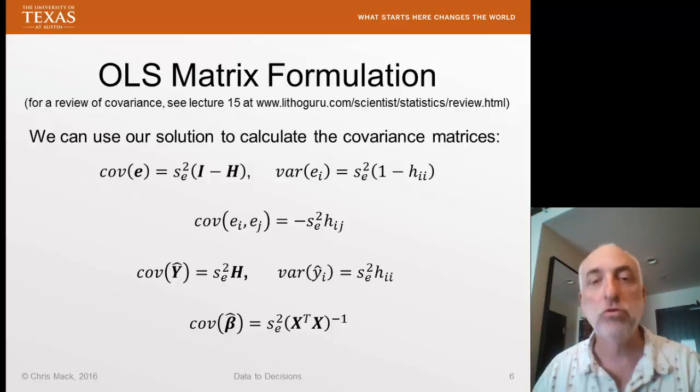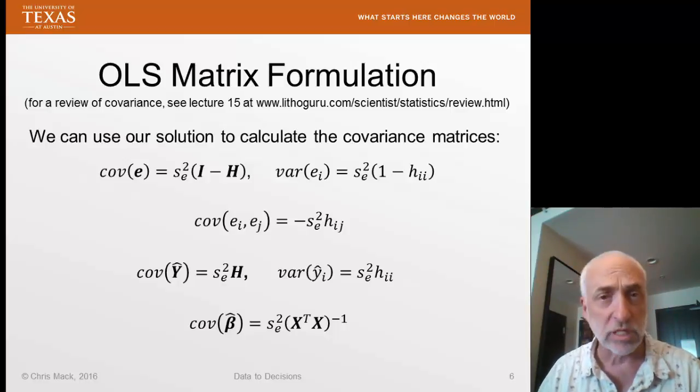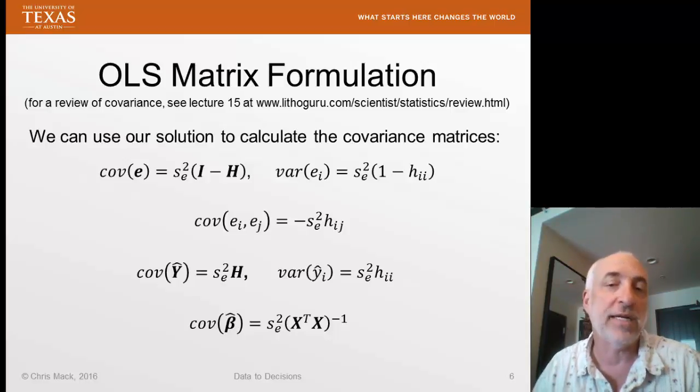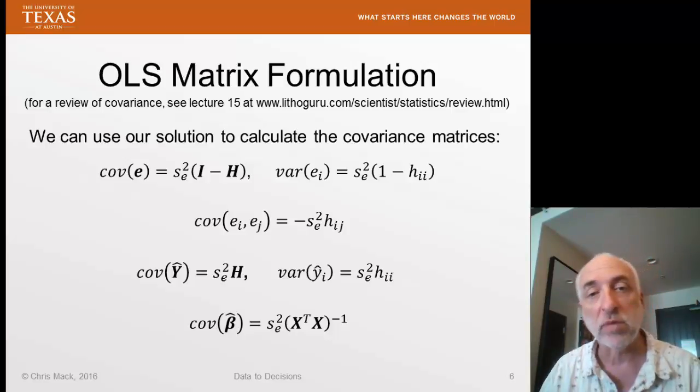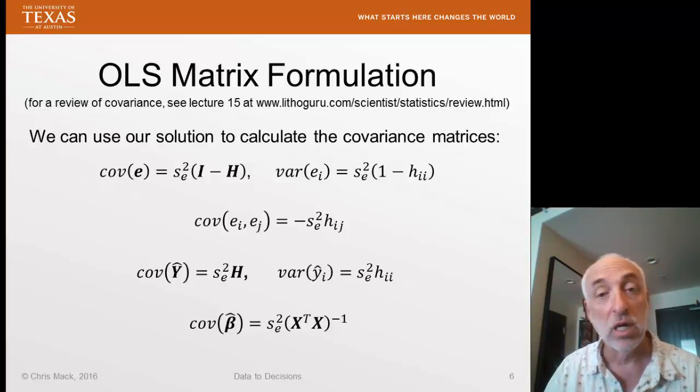That's true for the true residuals. True residuals are the epsilon i. The covariance of epsilon i and epsilon j, two different residual values, will be 0, completely independent of each other.